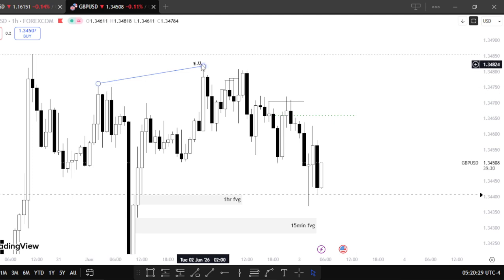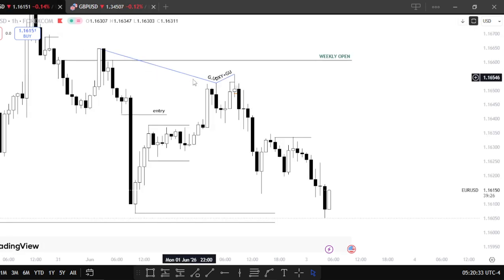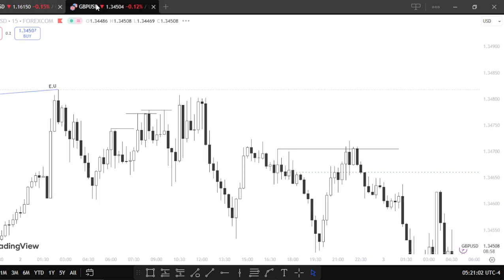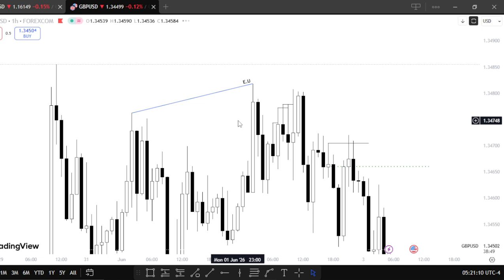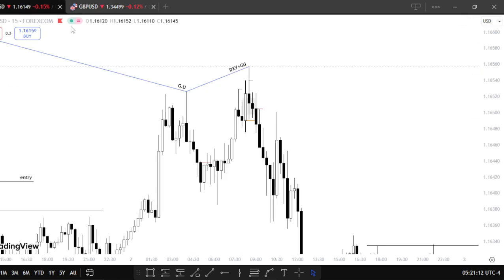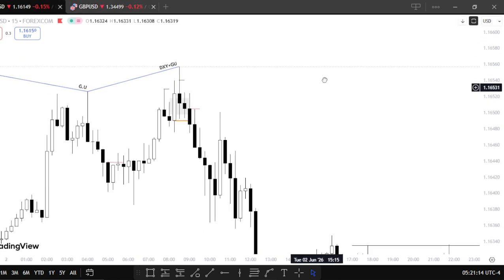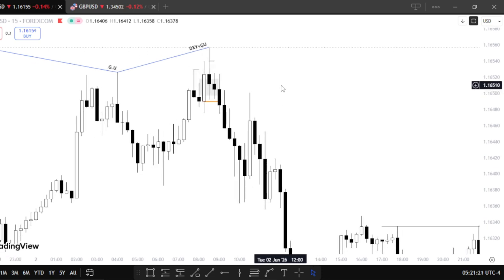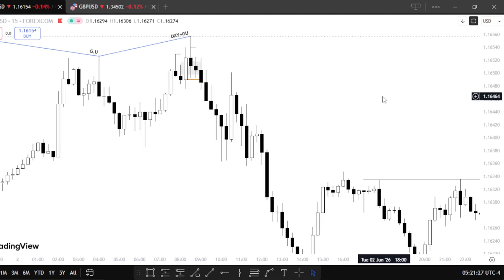So we took the high, we reversed, we didn't take the high, and we created this. If you could take an entry waiting for the change, that was the entry. And it is a loss.